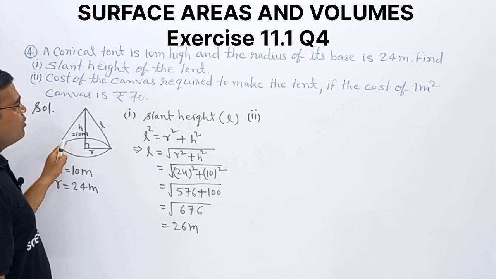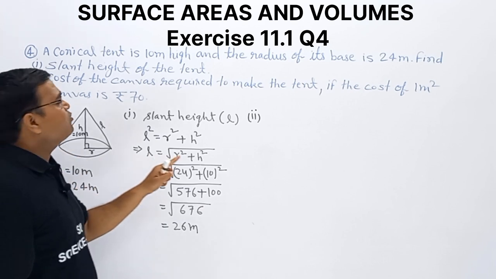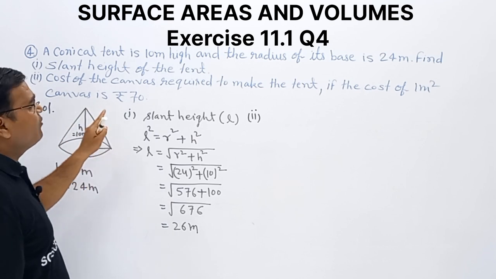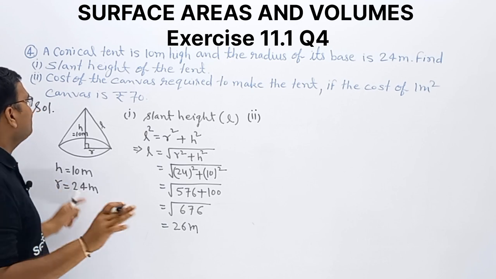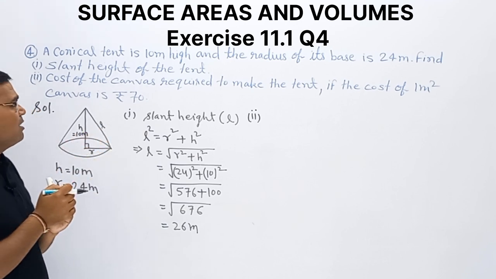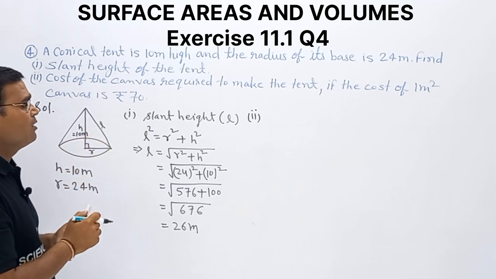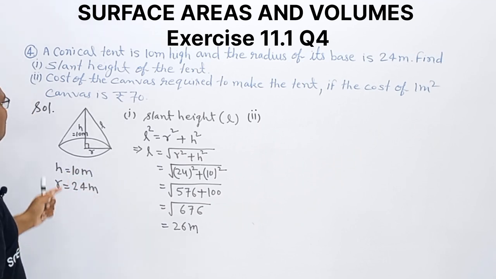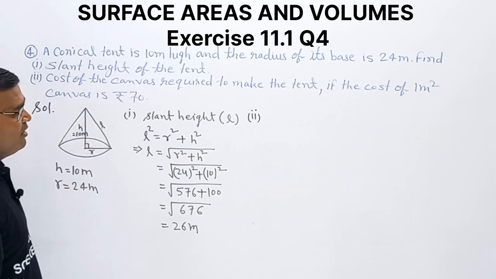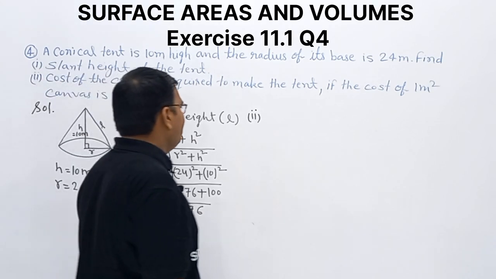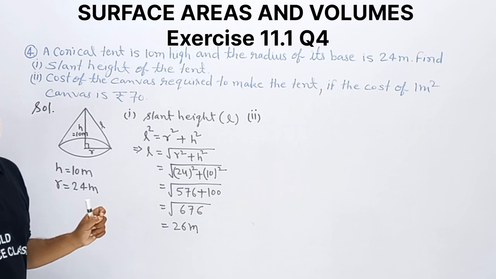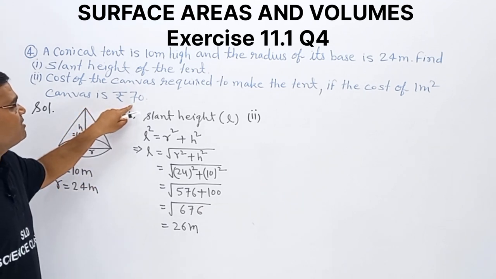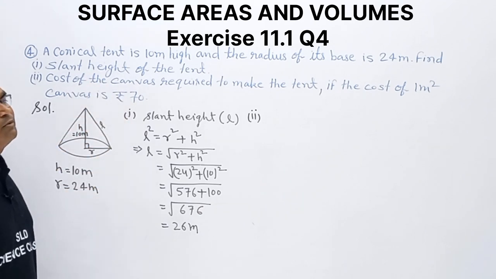So the cost required: if the cost of 1 square meter area is rupees 70, it means once we obtain the total area of the canvas required to make the tent, then we will multiply it by rupees 70, then we can find the cost of the canvas required to make the tent.